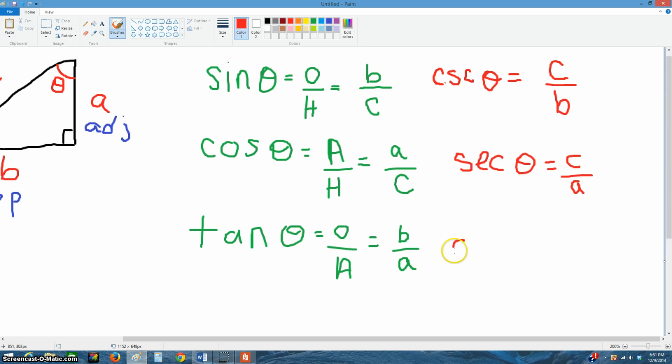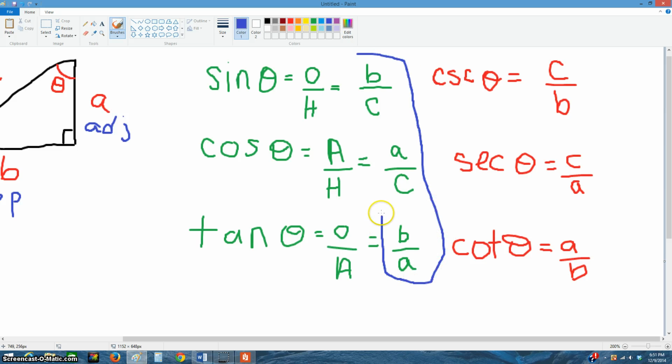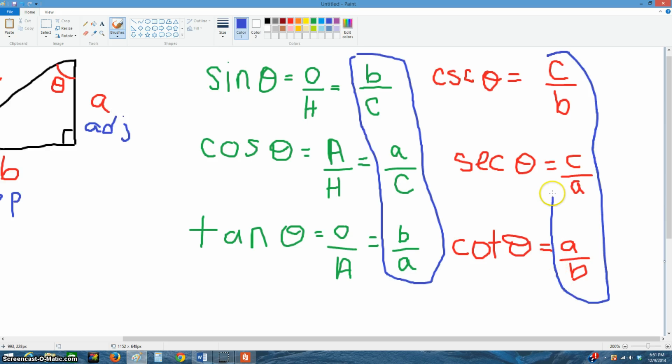And then cotangent of theta is what? A over B, correct. Okay, so that's all 6 of my trig functions. And I'm going to go ahead and box them in for you. Or at least try to box them in. I'll probably circle them. Okay, so make sure that you know the proper notation for it. Okay, so that's number 3.